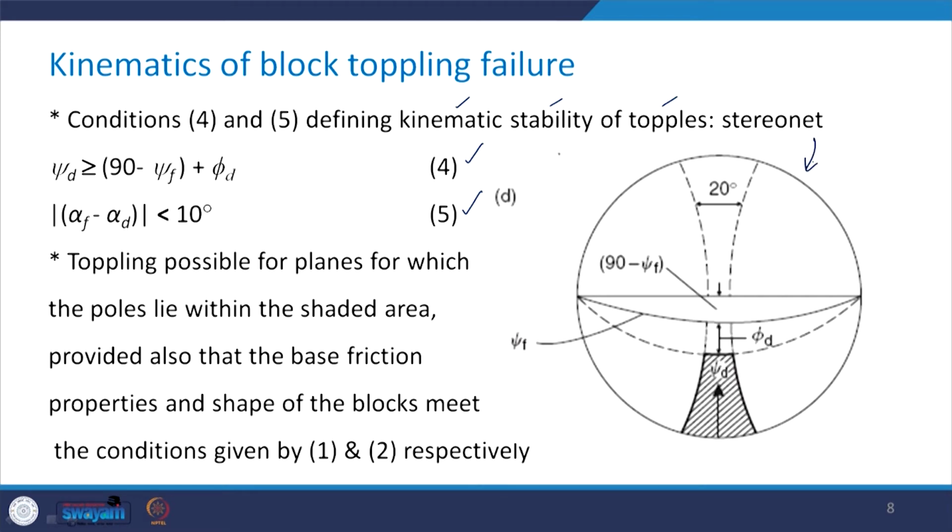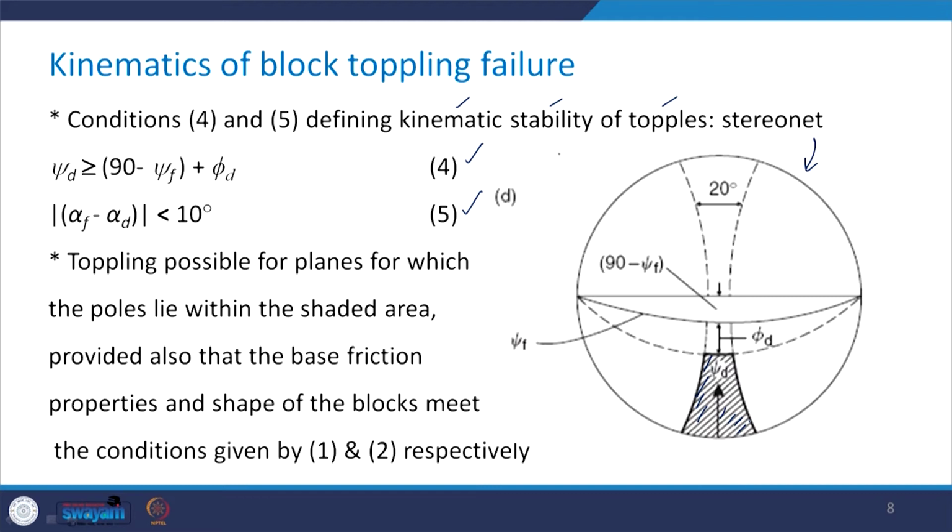So, the toppling would be possible for the planes for which the poles lie within the shaded area. You know that the planes can either be represented by great circles or the poles. So, we have different planes along which the toppling may or may not occur.